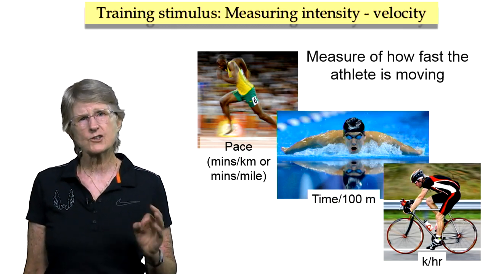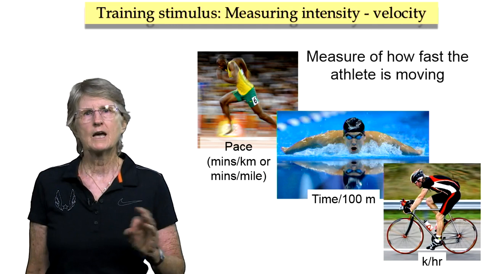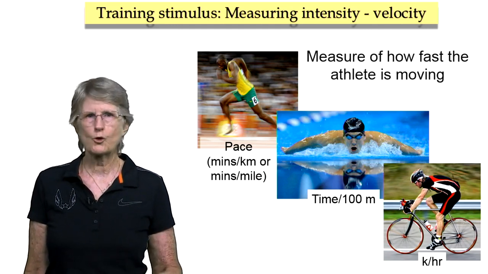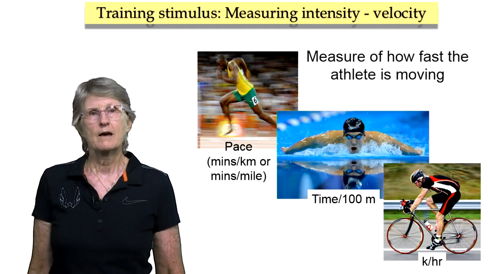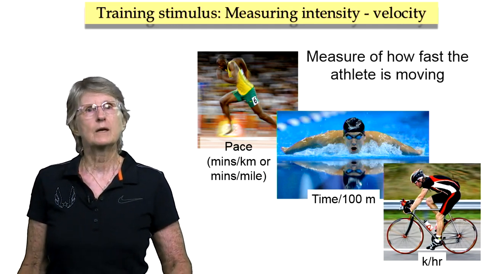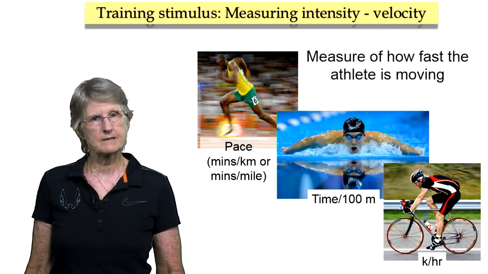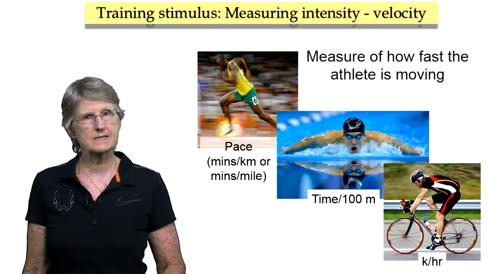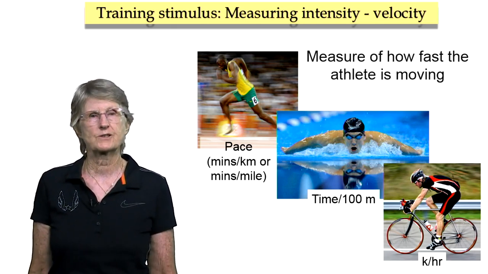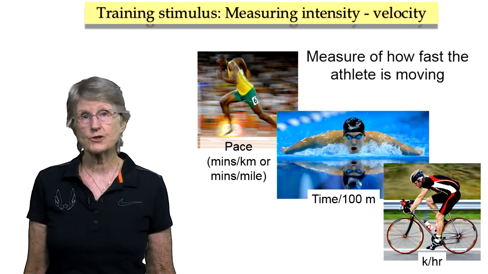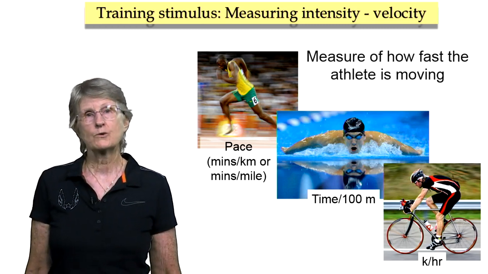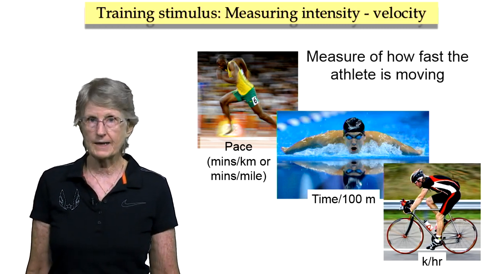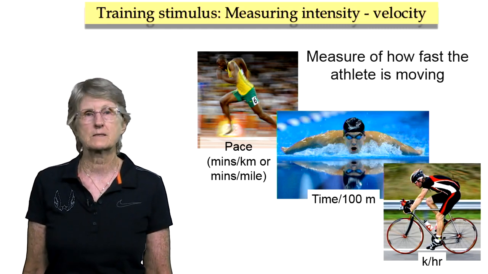Now, velocity is a suitable measure of intensity if there are no hills, no wind, or in the case of swimming, if the water is calm. Varying conditions, though, in their environment can make it difficult to compare intensity from one training session to the next. For an endurance runner, a windy day results in a more intense training session than a calm day does.